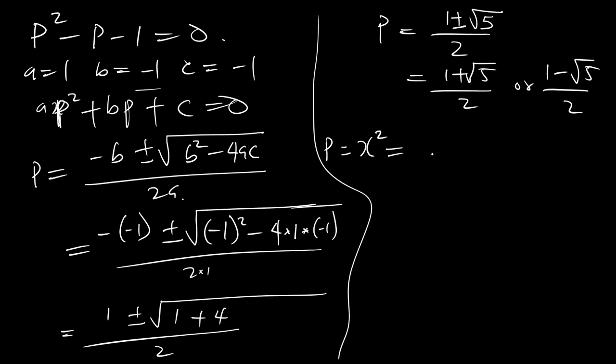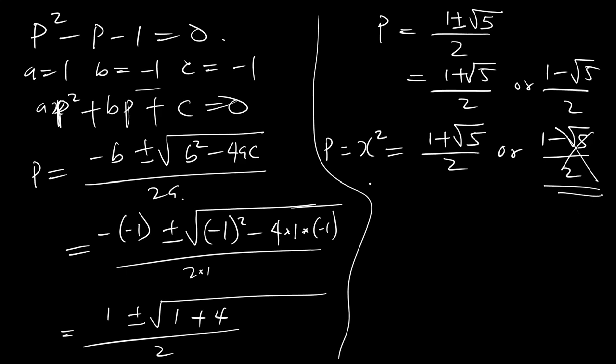That means x squared is equal to 1 plus the square root of 5 divided by 2, or 1 minus the square root of 5 divided by 2. From this expression, the second one will give us complex numbers, so there are no real numbers here. And since we want to apply it to geometry, this one does not apply. So we now work with this.